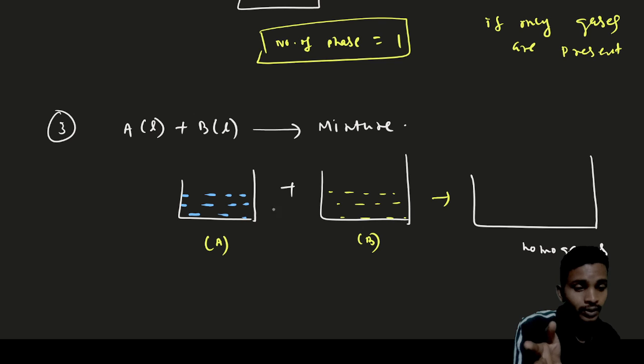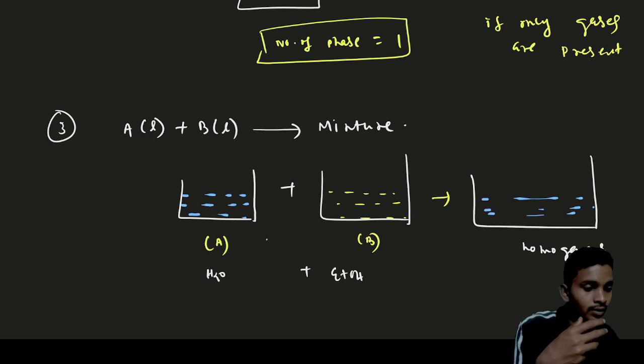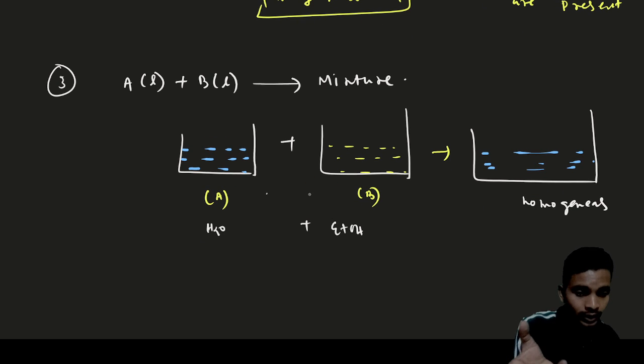If it is completely dissolved, like if A is water and this is, let's say, ethanol, then this is completely dissolved and we will get a homogeneous mixture. In that case, the number of phases is equal to 1.